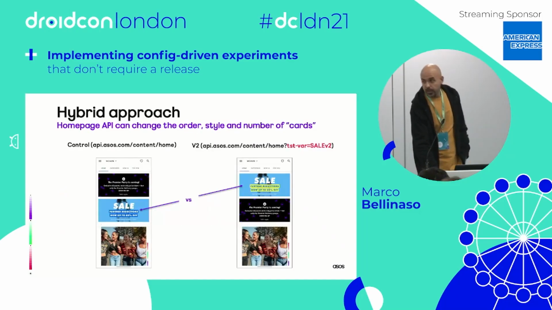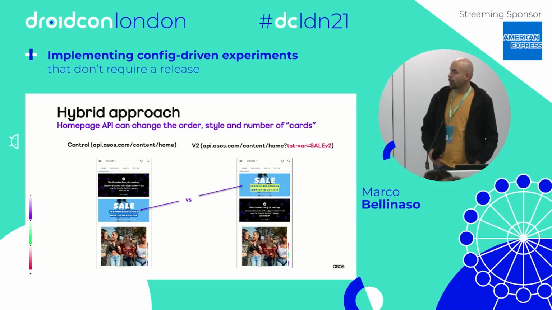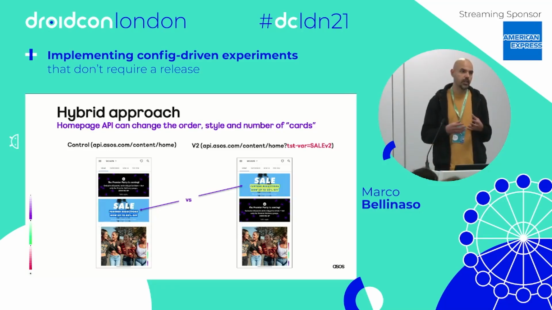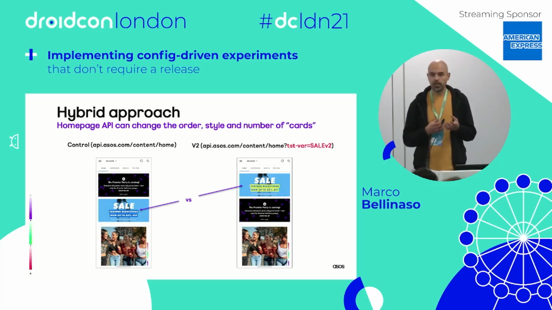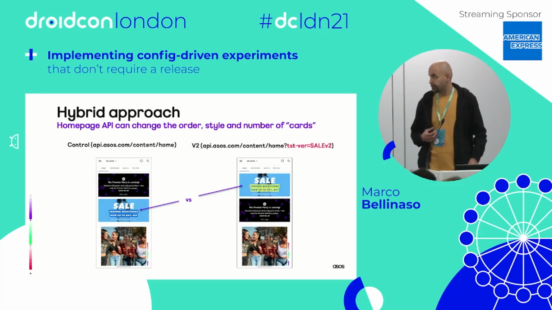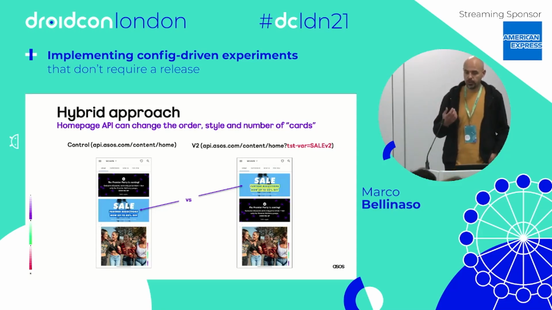A few examples of this approach. So we've got a homepage API that provides the content of the homepage screen. And so it returns JSON representing blocks of content, and every block has attributes that specify what the background image of the block is, for example, what the text is, and there are a number of attributes that determine the styling and the position of the blocks and so on.